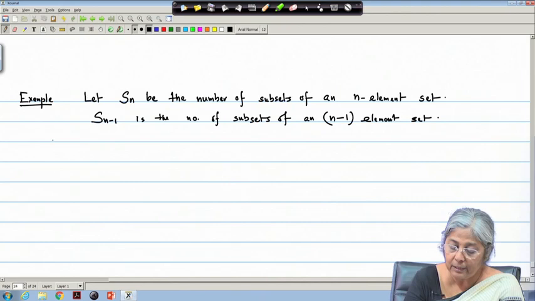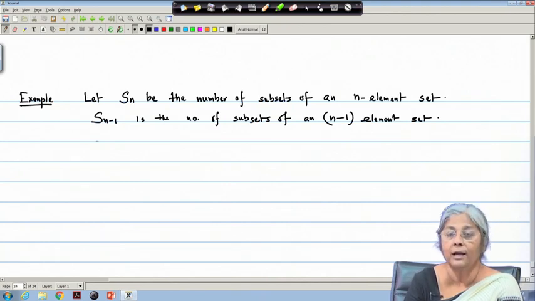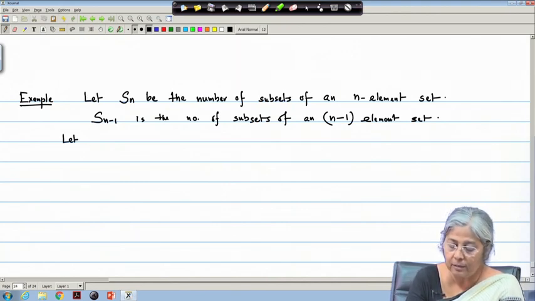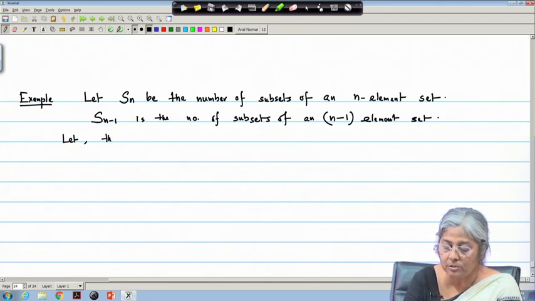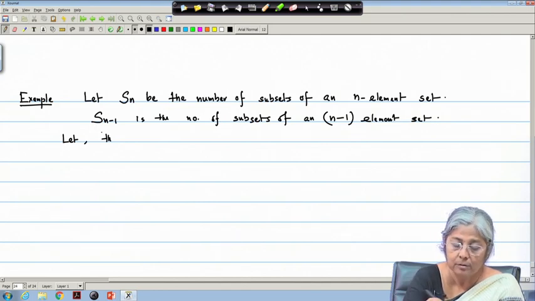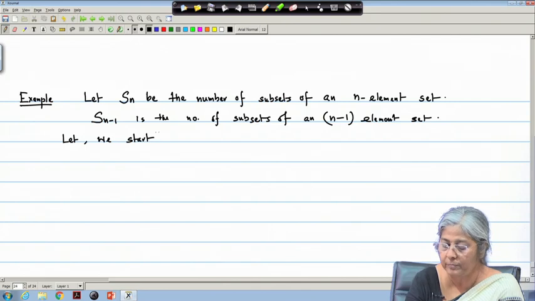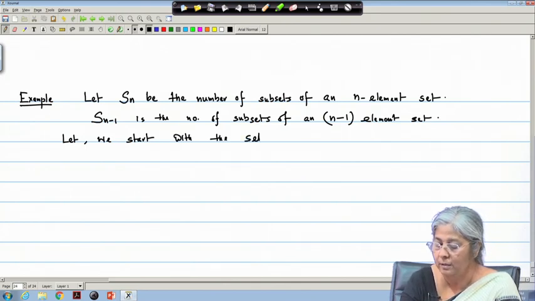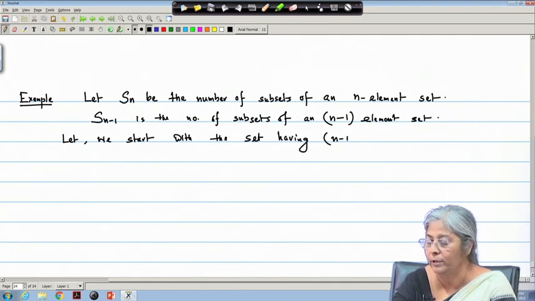So, initially we start with a set having n minus 1 elements.